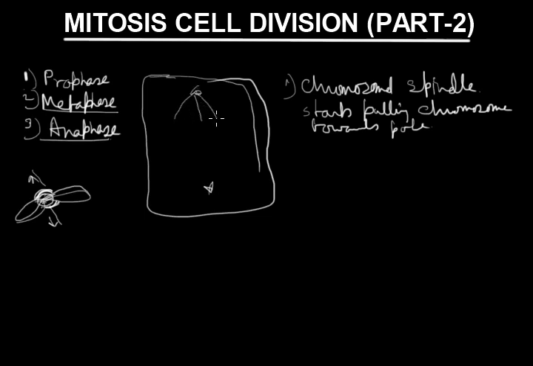These are the chromosomal fibers, and chromosomes are arranged something like that, because sister chromatids have detached from each other.